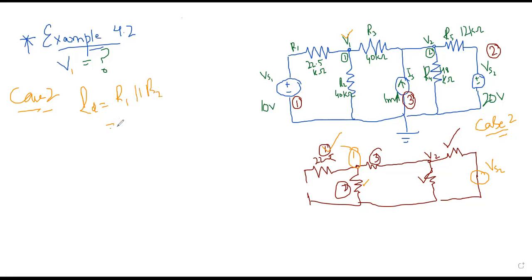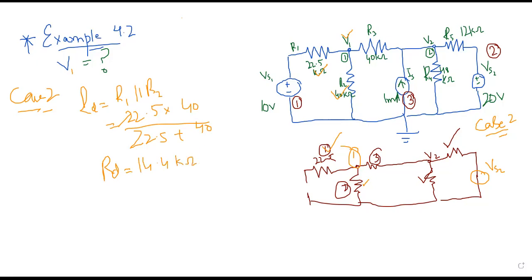So the value is equal to 22.5 multiplied by 40, whole divided by 22.5 plus 40. So this makes the value equal to 14.4. So RD equals 14.4 kilo ohm.